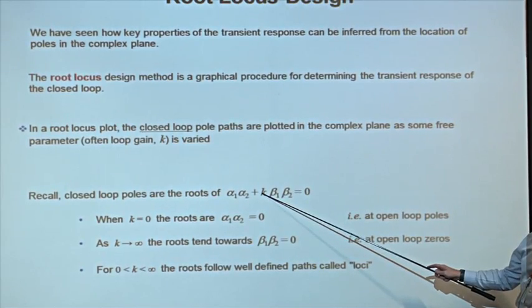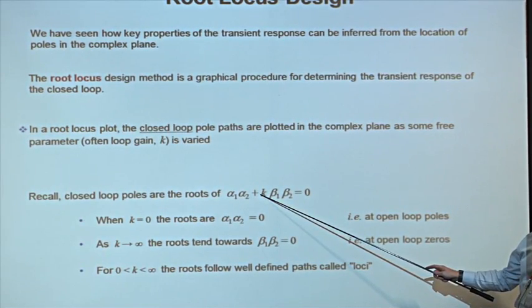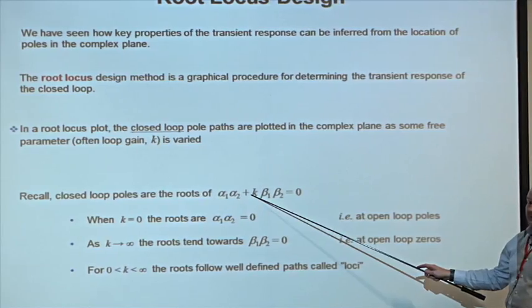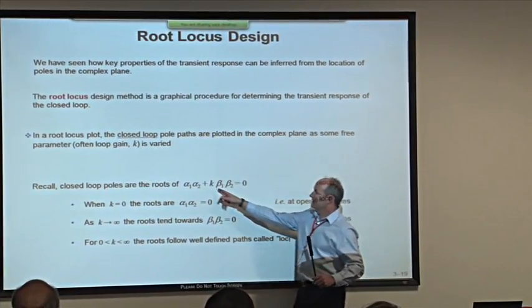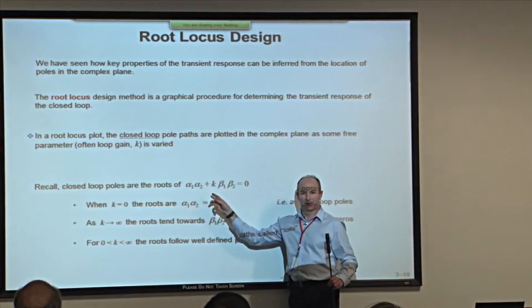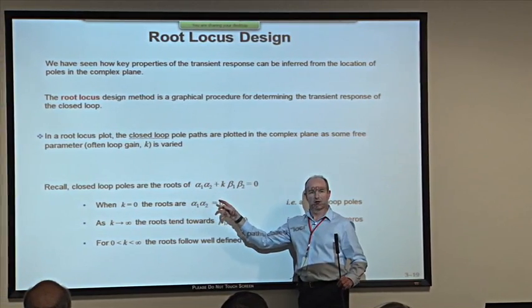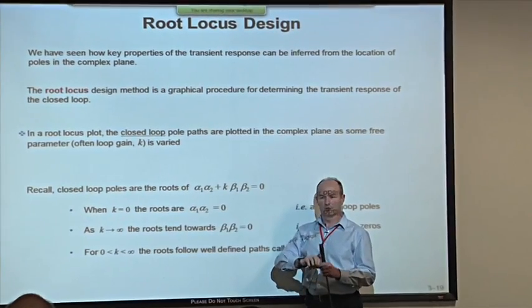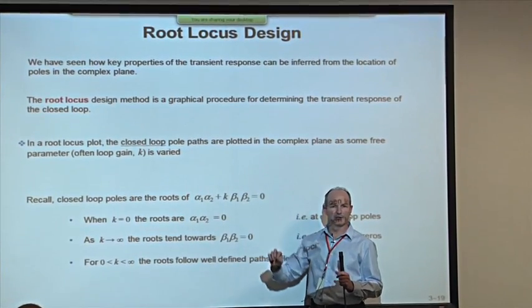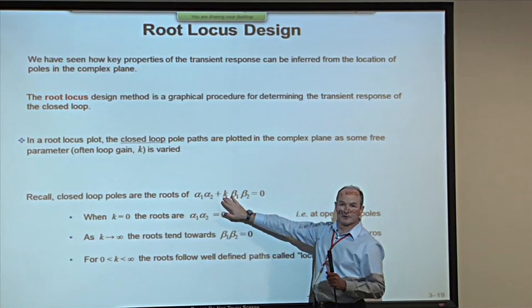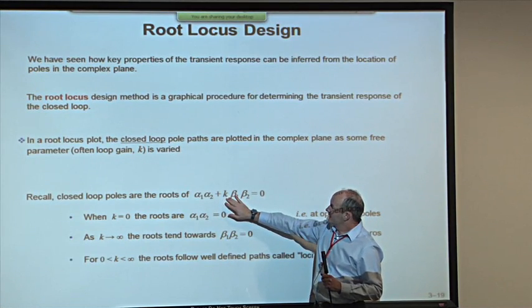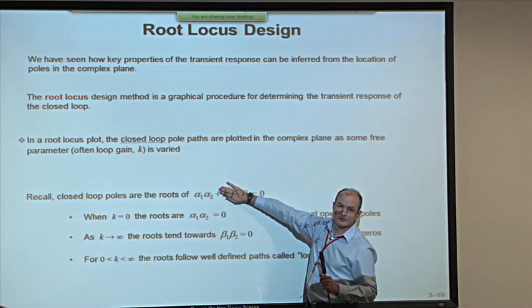And then we change k and we solve it again, and we get a different set of answers. And we build up a set of answers for variation in k between 0 and infinity. And these are loci, or lines, which can be drawn in the complex plane. Now, when k equals 0, k, remember, is controller gain, the solutions are alpha 1, alpha 2 equals 0.